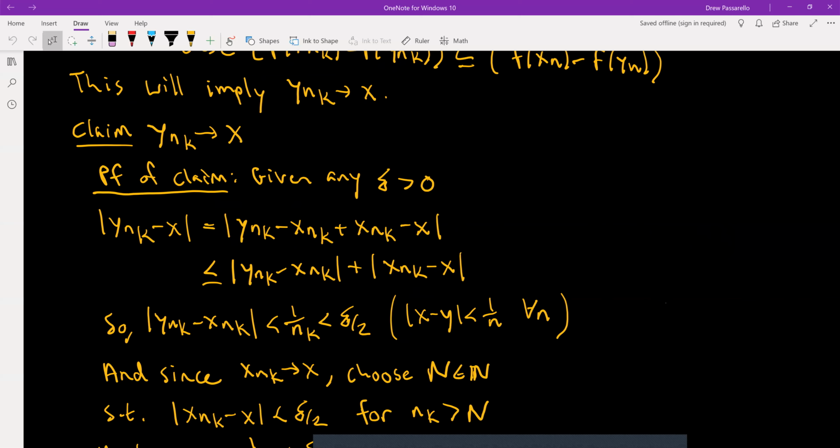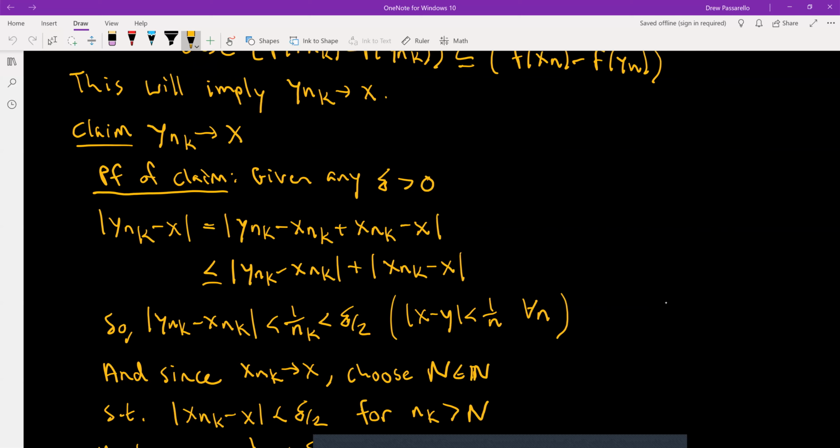So the first absolute value, y_{n_k} minus x_{n_k}, is going to be less than 1 over n_k. And we need that to be less than delta over 2. And so we know by the Archimedean principle, there's going to be some natural number such that 1 over that natural number is less than delta over 2.